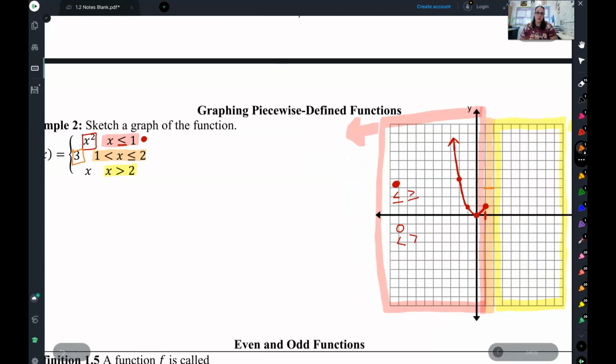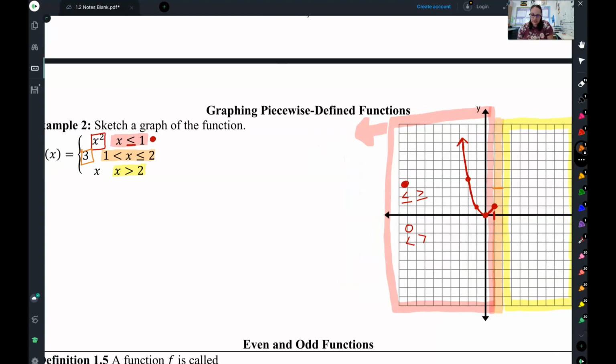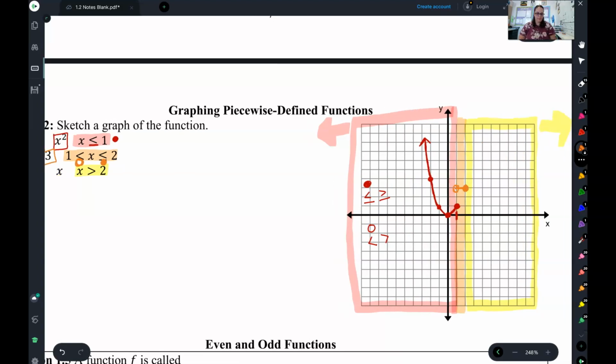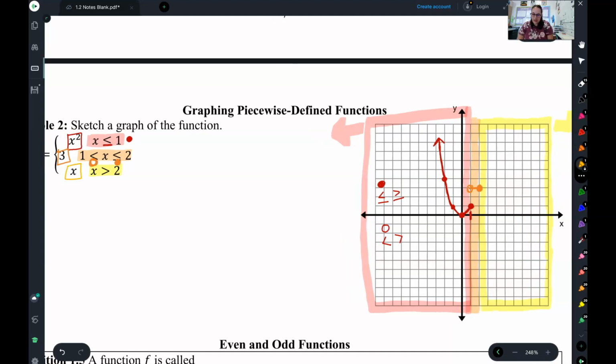Now for my circles, on the left end I've got an open circle, and on the right end, I have a closed circle, because there's no equal to on one side, and there is an equal to on the other. So I come back over here, open circle over there, closed circle over there. Ta-da!